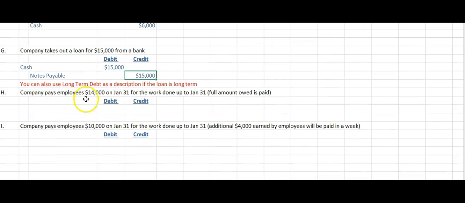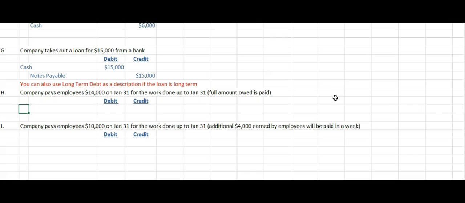It says the company pays an employee $14,000 on January 31 for the work done up to January 31. Well, they pay on January 31, and the work includes work up to January 31. So you're going to pay everything that they earned, right?